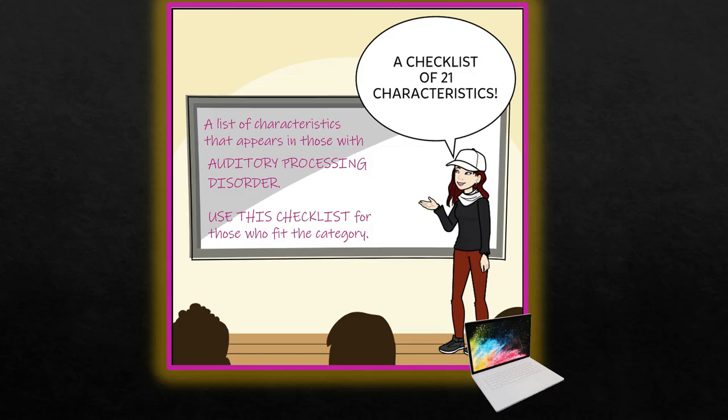Here are the videos that we're going to be looking at. The 21 characteristics of auditory processing disorder. This is a checklist, a list of characteristics that appear in those with auditory processing disorder, and you can use this checklist for those who fit the category.